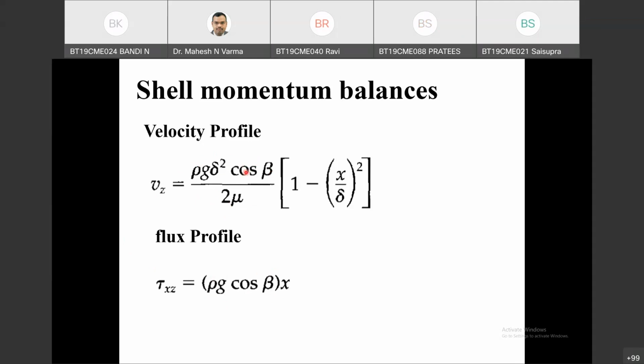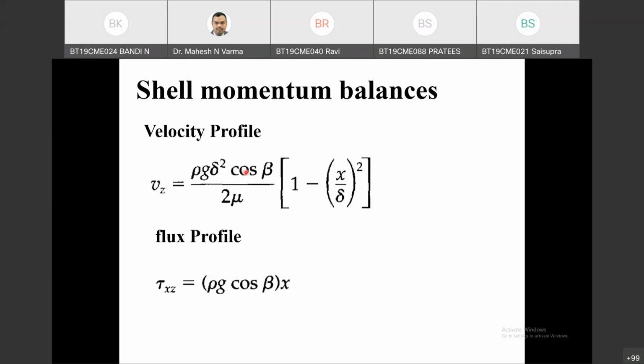You can directly predict the nature of the graph which the velocity profile will be obtaining. That is one thing: you can expect the graphical nature of velocity profile just by observing the equation, and most importantly you can get back your boundary condition very easily. Whenever you are rearranging the equation, the rearrangement should be such a way that you should get back your boundary condition very easily.